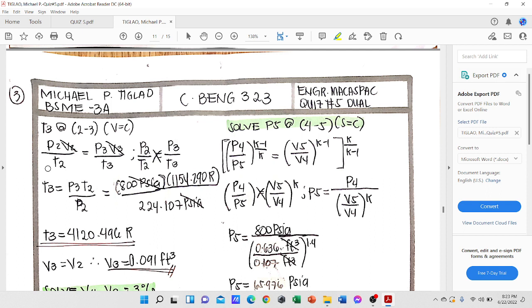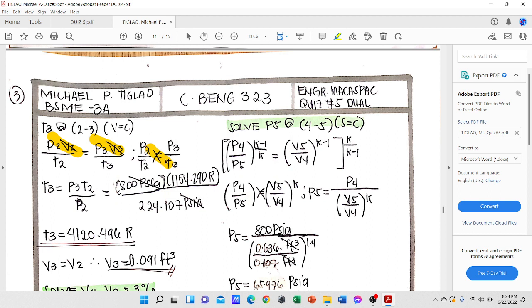Then, let's get temperature 3 in process 2 to 3, which is isometric, or the volume is constant. Here I used the PVT formula. So, P2 V2 all over T2 is equal to P3 V3 all over T3. Since process 2 to 3 is constant volume, the volume cancels. So, the initial formula is P2 all over T2 is equal to P3 all over T3.